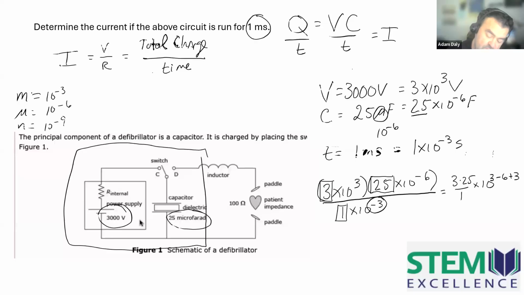Now when we compute this, we have 3 times 25, which is 75, times 10 to the 6 minus 6, which is 0, or 75 amps. So 75 amps from doing the problem.